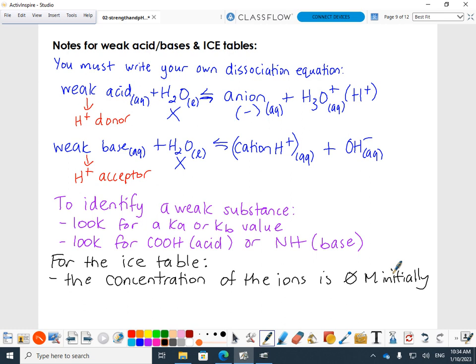And then we're going to solve. You could solve for x at equilibrium if you were given the K value, or you could use the pH to help us find the concentration of ions. So pH is saying what's the power of the hydrogen ion, so after the solution has dissolved, that is when the pH can be calculated. Even though, just like with solubility, it didn't necessarily say at equilibrium, pH is used because the initial concentration of ions is 0, so the pH can be used to calculate hydrogen or hydronium at equilibrium.